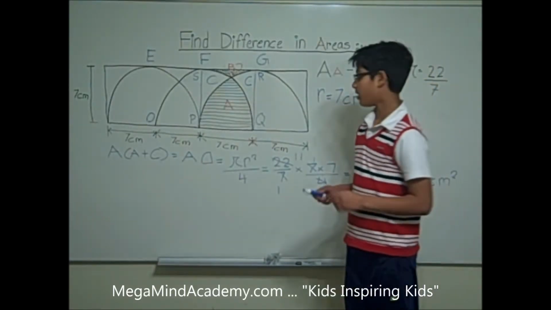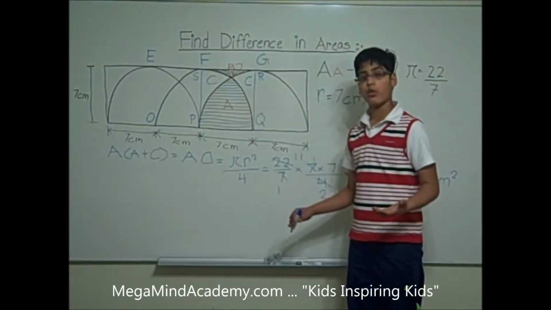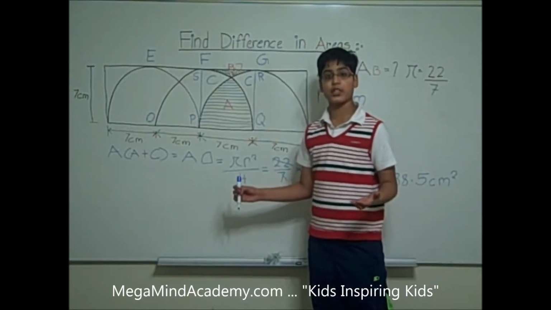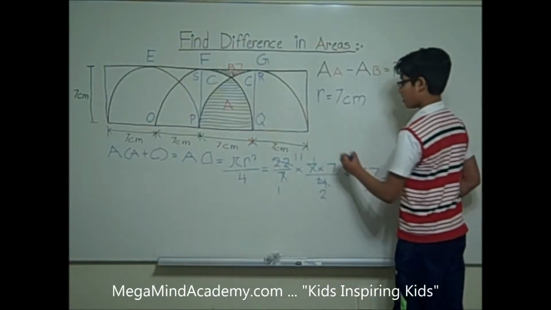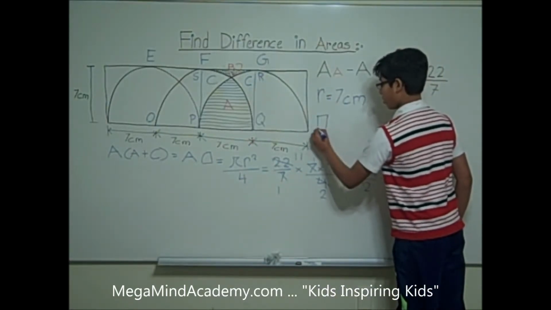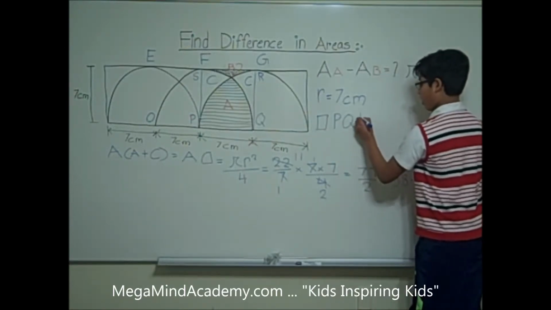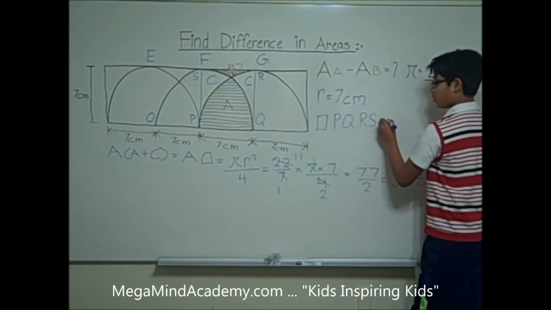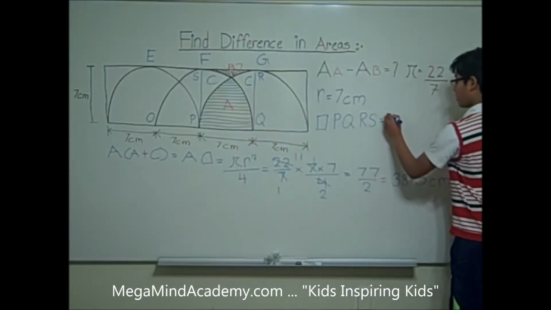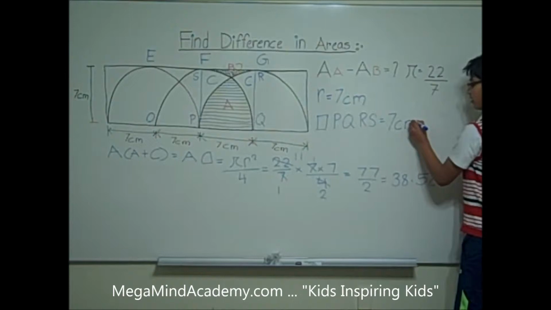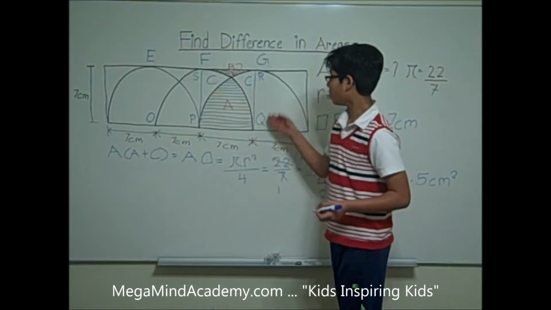Now let's find the area of the square PQRS. But we don't know what the side of PQRS is. Actually, we do. The side of square PQRS is equal to 7 centimeters. So let's find the area of square PQRS.